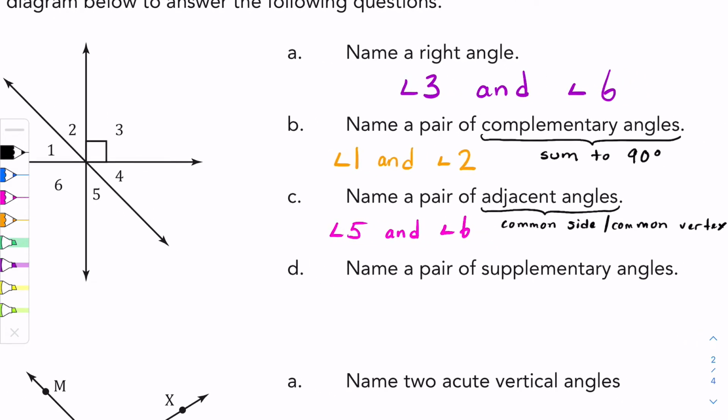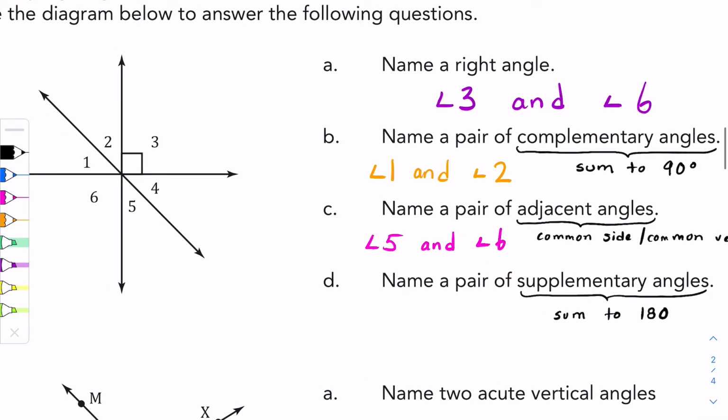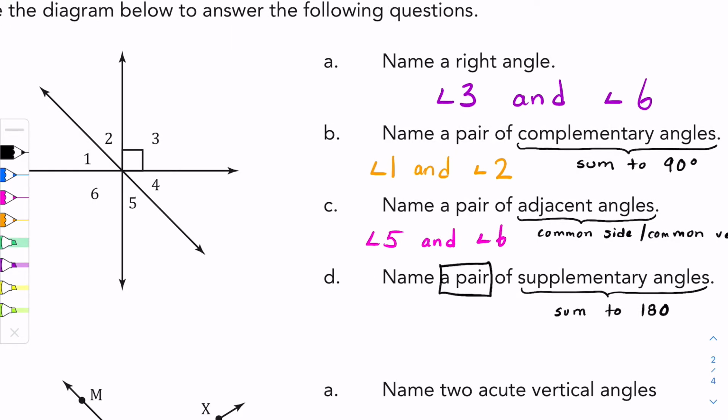Part D says to name a pair of supplementary angles. Supplementary angles sum to 180 degrees. So we're looking for two angles that are going to add up to 180 degrees, and it can only be two angles. A pair means two.